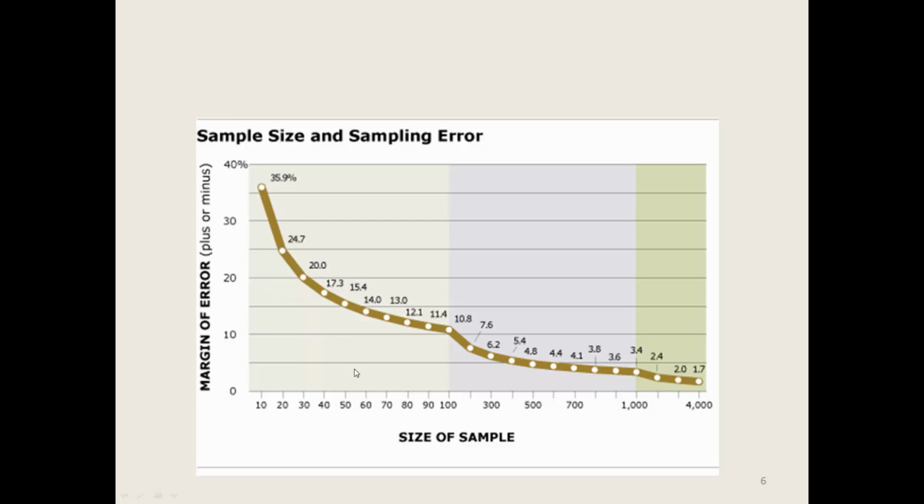And as you increase the size of your sample, when you reach like 80 or 90, you reduce the margin of error to about 10%.